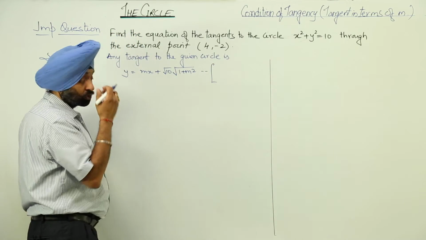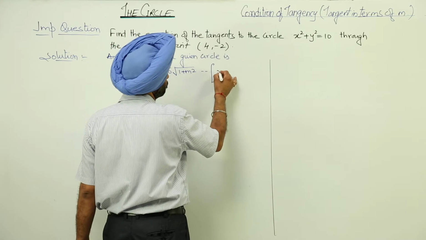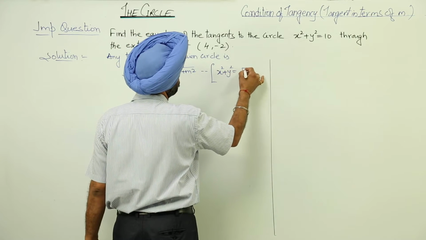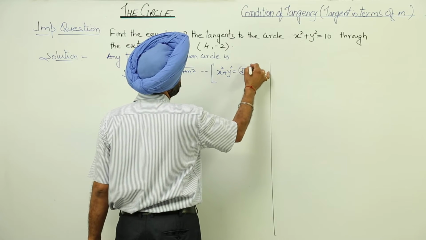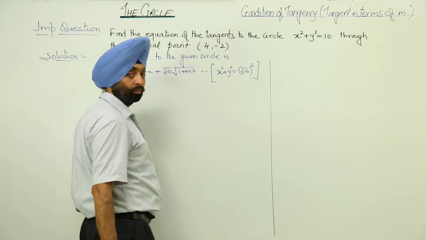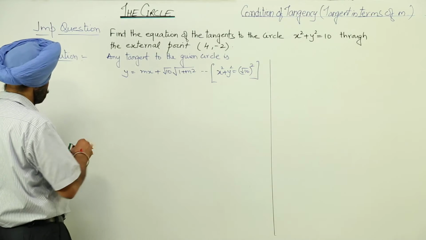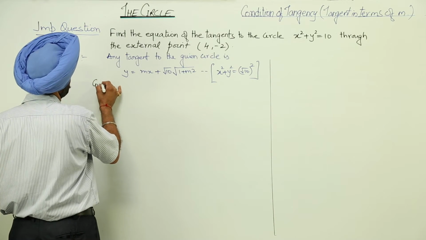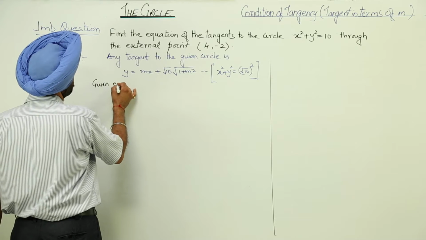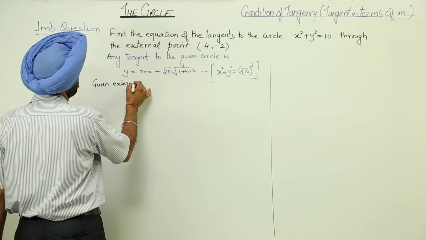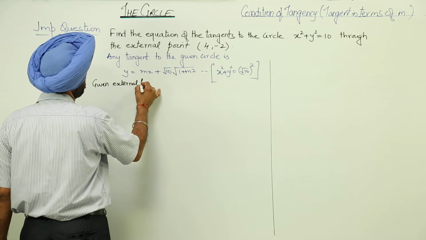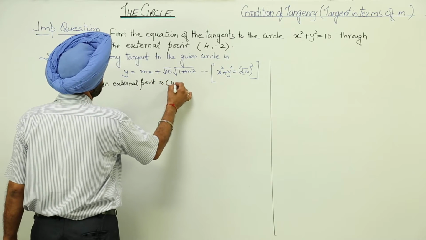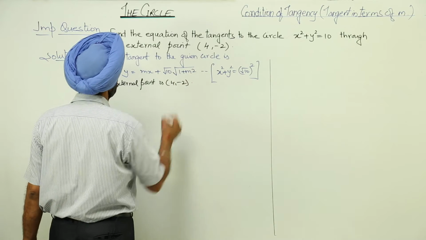Now what is the equation of a circle? We have x square plus y square is equal to root 10 whole square. Now the given external point is (4, -2).